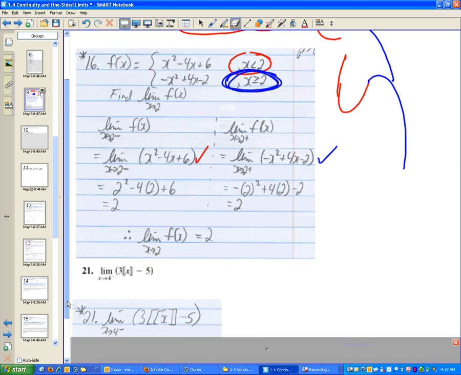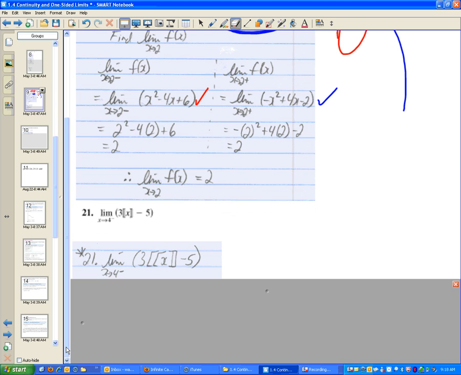One thing you need to know, anything involving the greatest integer function is going to be a step. Okay? Now we can move the breaks in the step around by multiplying by something or dividing by something, but we're going to have breaks. So if it's not a one-sided limit you're finding, you'll need to set it up as 2 different one-sided limits. Okay?